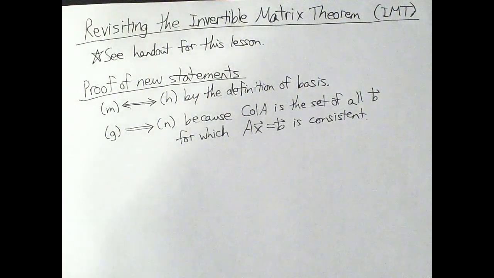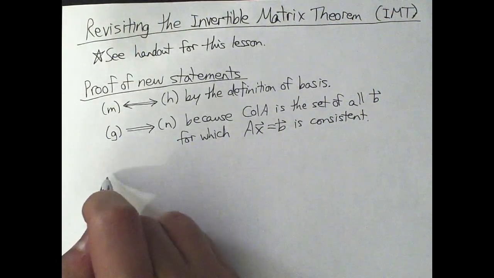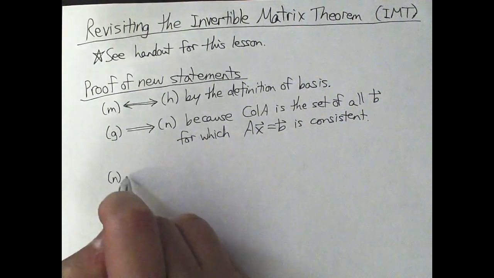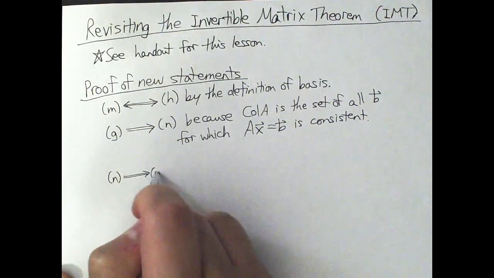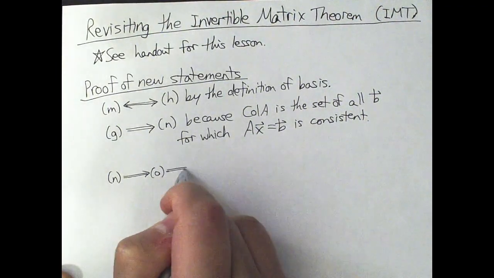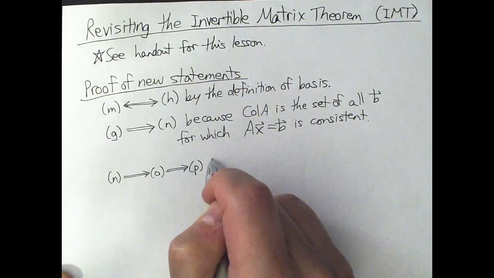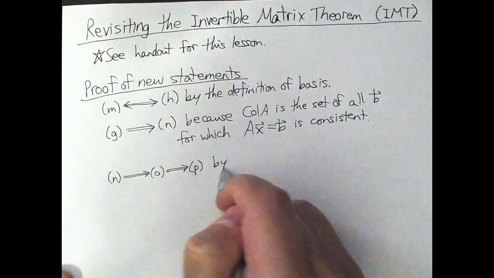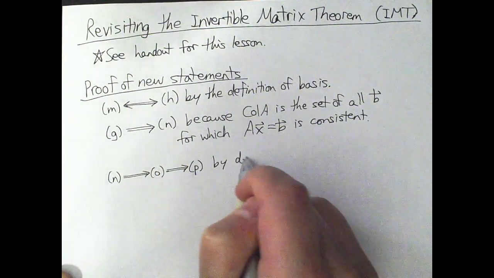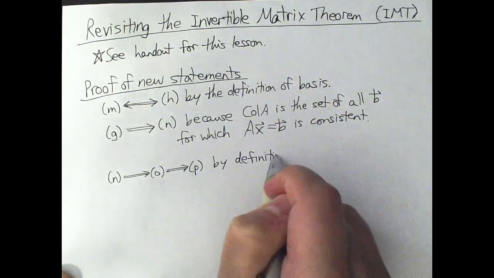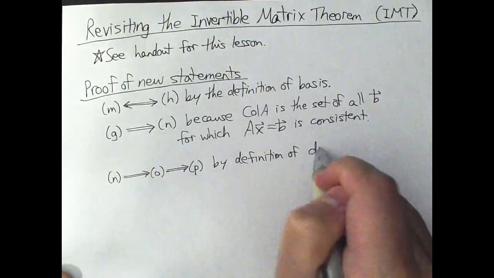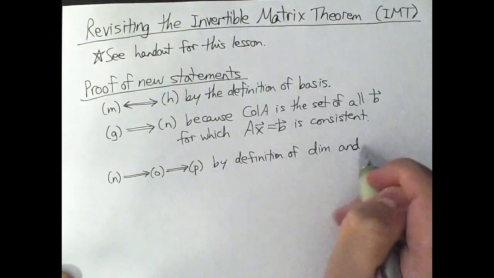What else have we got? We're trying to tie in as many of the new statements as we can. How about N and O and P, they seemed like they all went together. And I'm just going to say that those implications follow by the definition of dimension and rank.